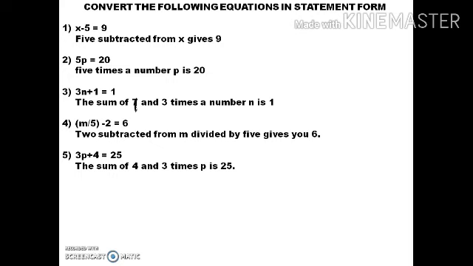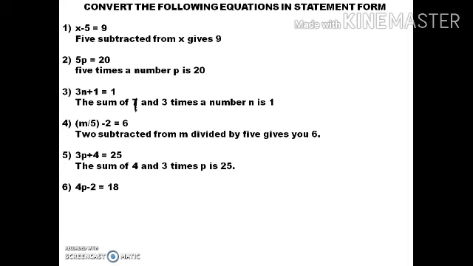In the last class, that is class 6, you learned: the product of 3 and p added to 4 gives you 25. So understand that whatever statement you write from an equation is correct as long as you do not change the operations dealt in it. We'll see the next question.